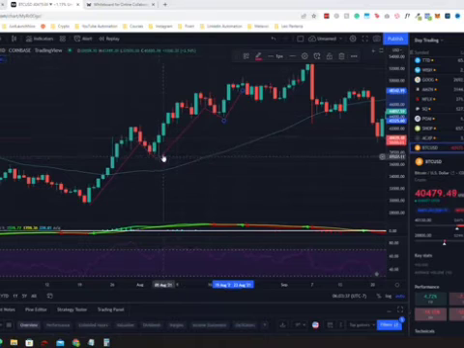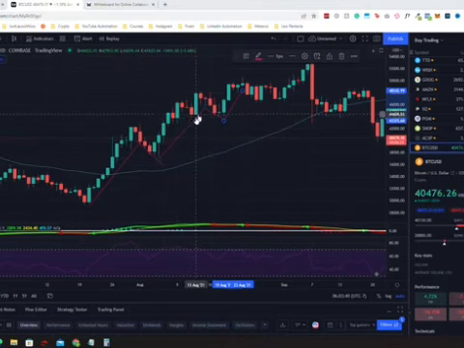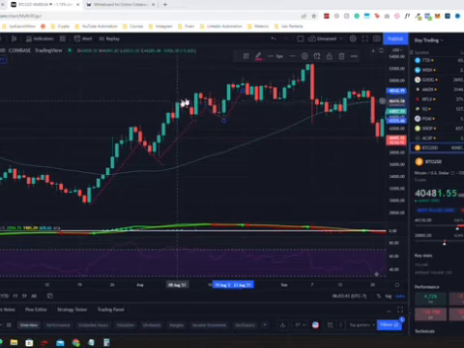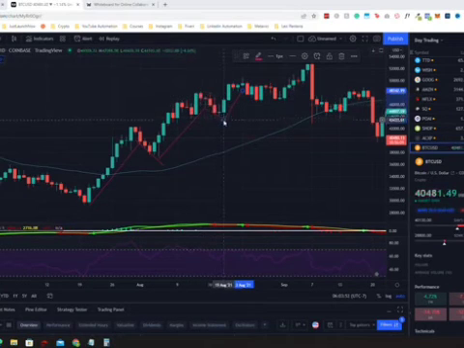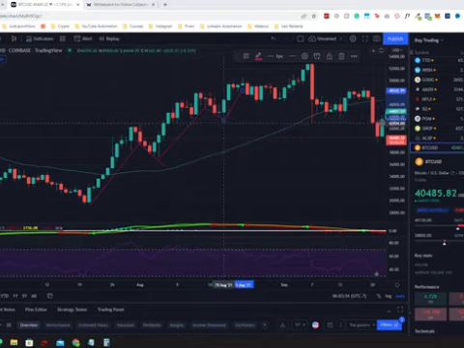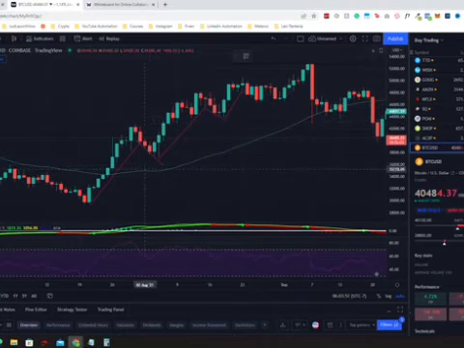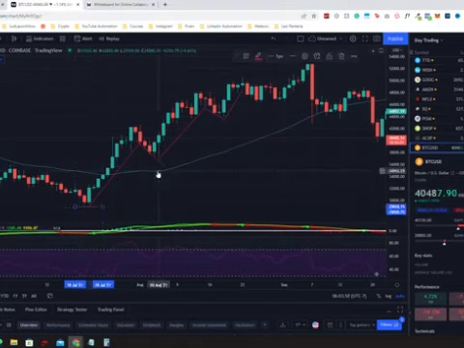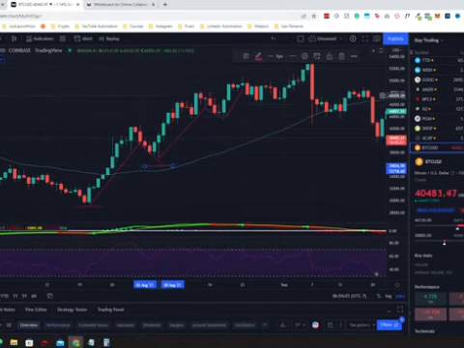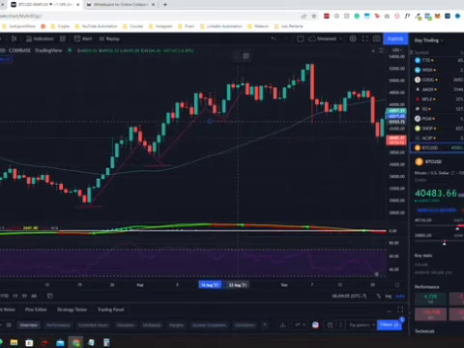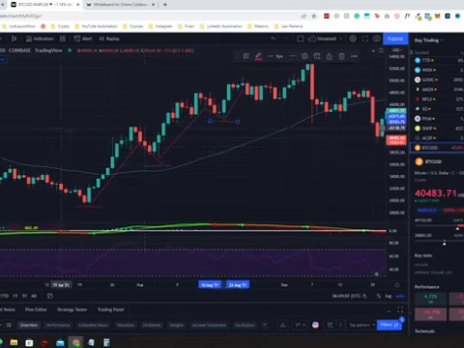Then you can see that there is another bullish trend. It goes up to a high of 48,000, and then it creates another higher low. So if I were to draw these like that, that's the first low, that's the second low, that's the third low.